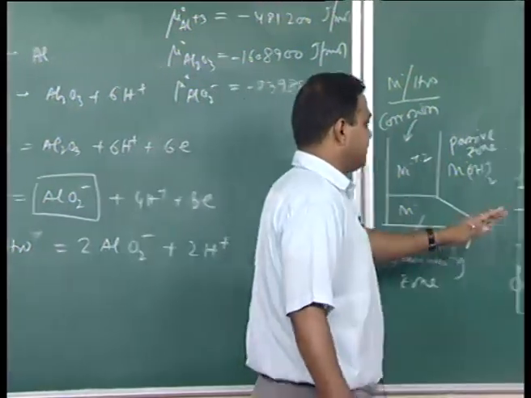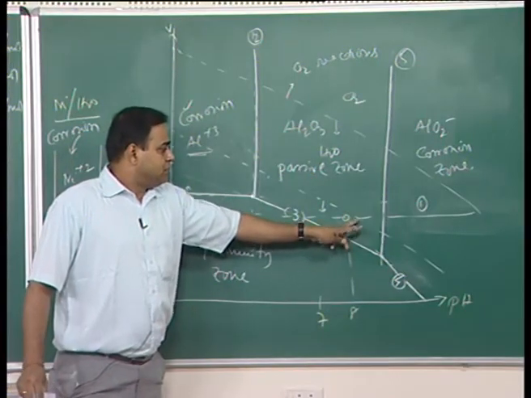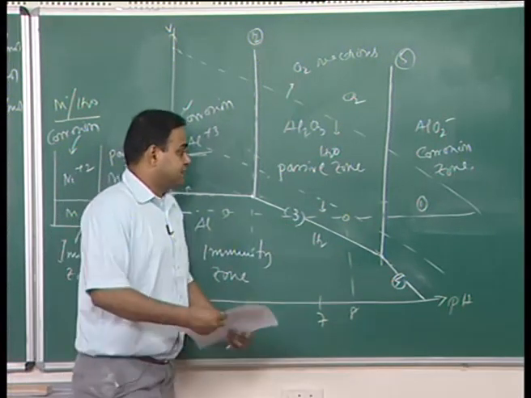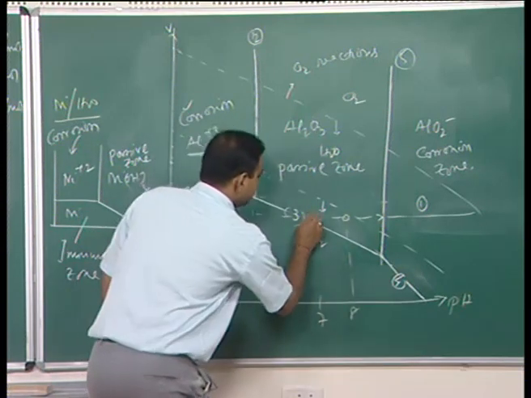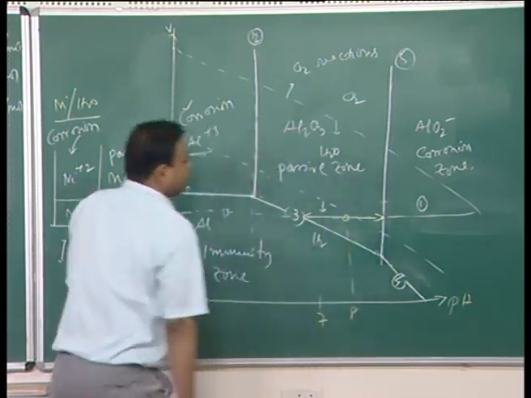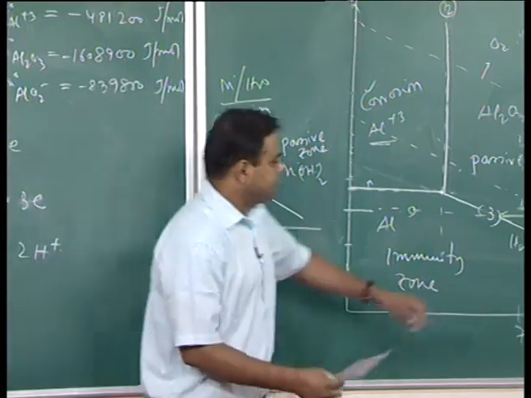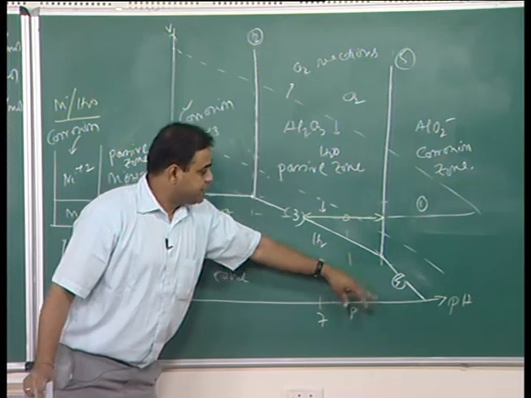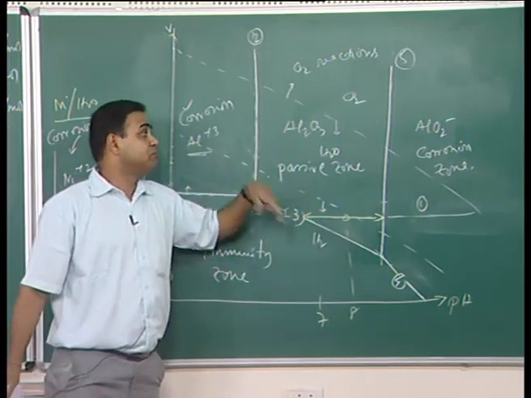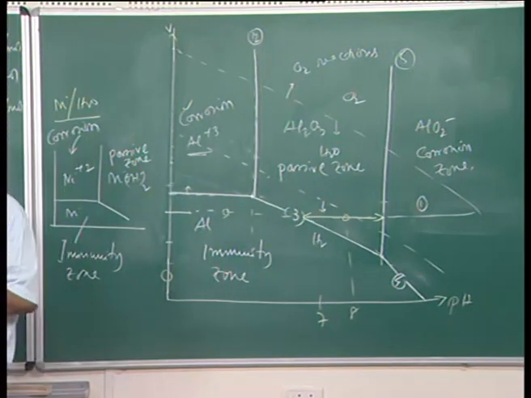Up to this point it is true. So this zone is always a passive zone, and gradually increasing the pH improves the passivity level.